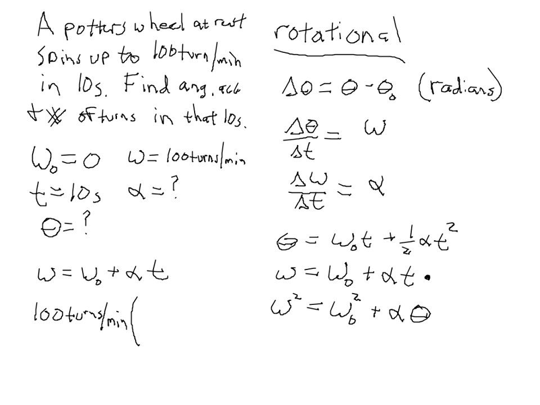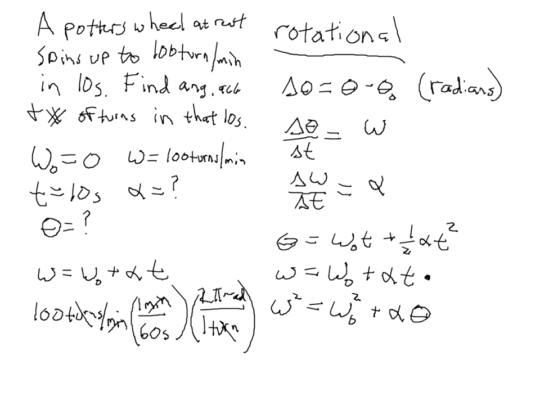Okay, now there's 1 minute in 60 seconds. So this minute will cancel that minute. Okay, and 1 turn around a circle is 2 pi radians. So 2 pi radians over 1 turn. That means that these terms cancel, and we're left with radians per second for omega.